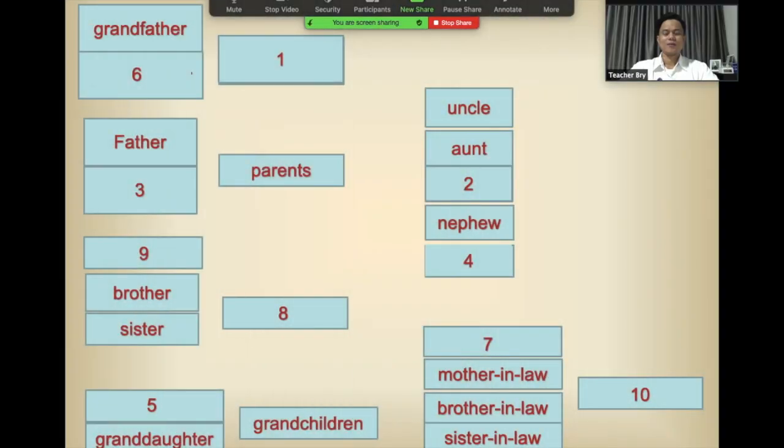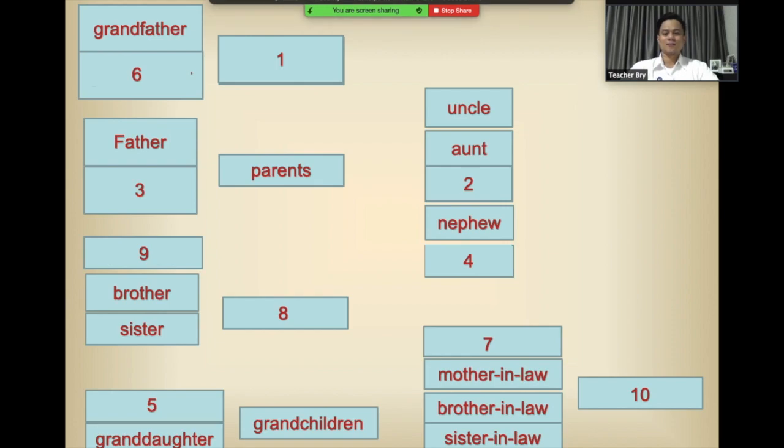Now that we've learned the different vocabularies for our family members, it's time to put your knowledge to the test. Are you ready to answer these 10 questions? I'm sure you are. It's very easy. All right, so here you go. 10 numbers.